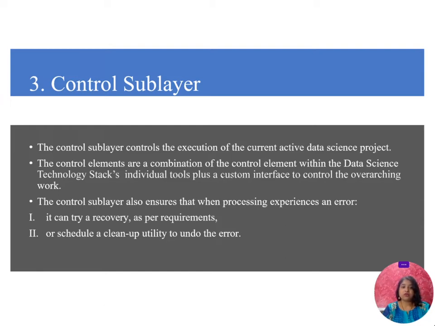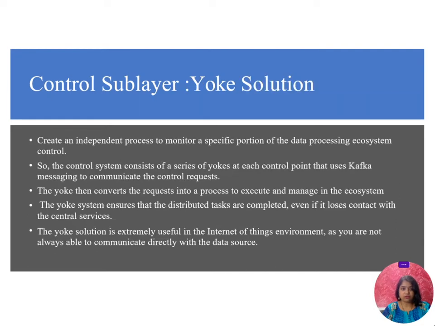The control sublayer also ensures that when processing experiences an error, it can try a recovery as per requirement or schedule a cleanup utility to undo the error. So basically this control layer will try for recovery and for cleanup and error control.